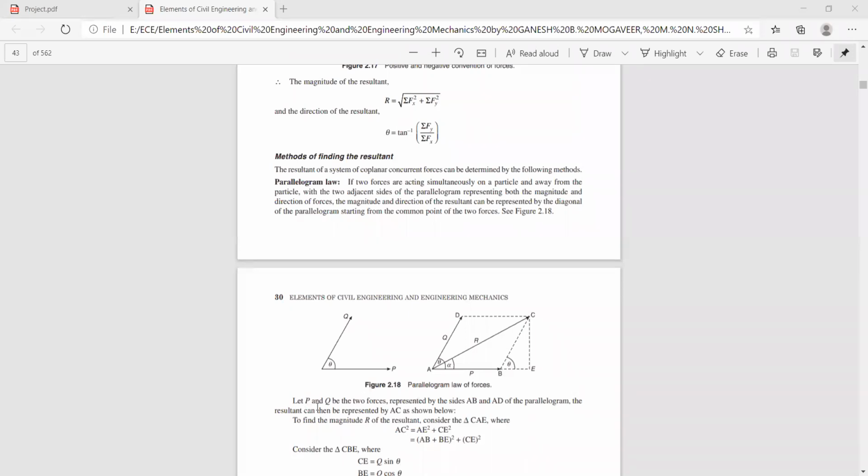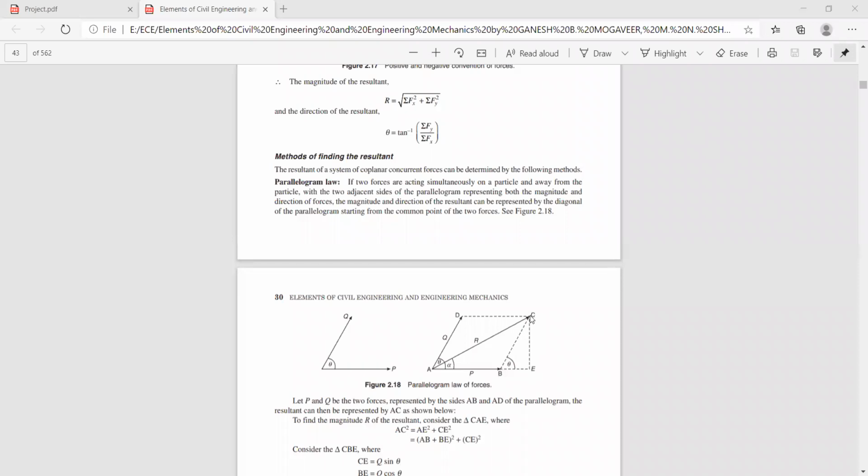Now let P and Q be the two forces represented by the sides AB and AD of the parallelogram. The resultant can then be represented by AC, as shown in the figure. To find the magnitude R of the resultant, consider the triangle CAE.